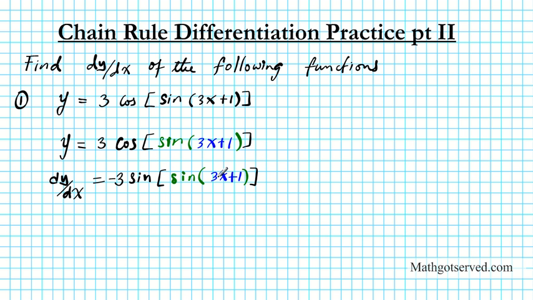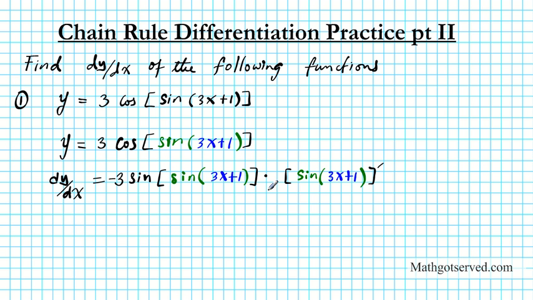I just differentiated the outermost one. Times, now I'm going to be differentiating the inner function, sine of 3x plus 1 prime. You notice when I differentiate the outermost function, I hold the inner fixed, and then now the next step is to differentiate the next function, which is the sine.